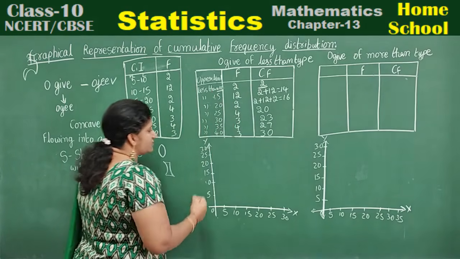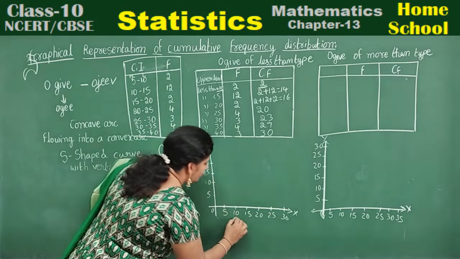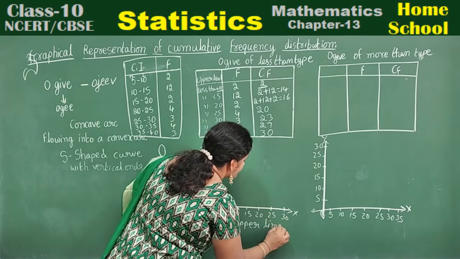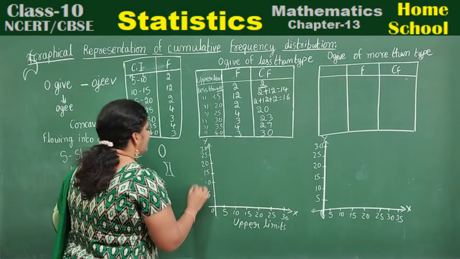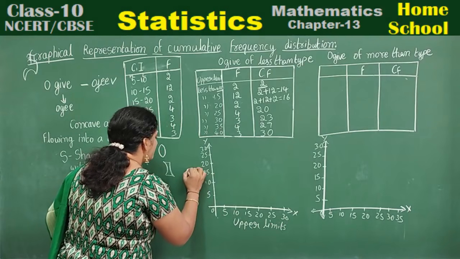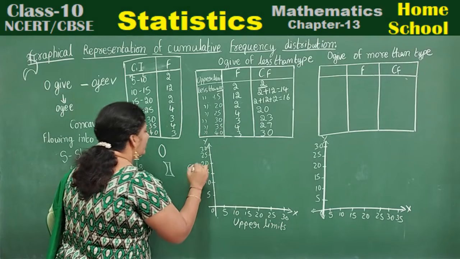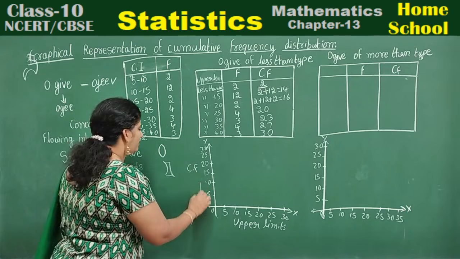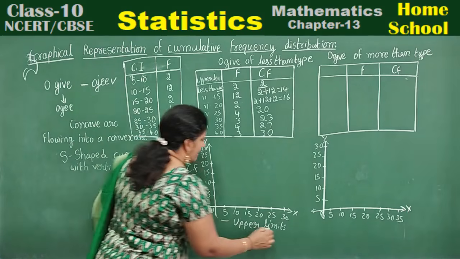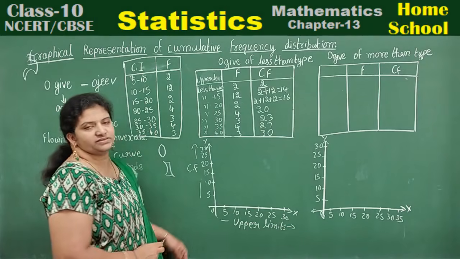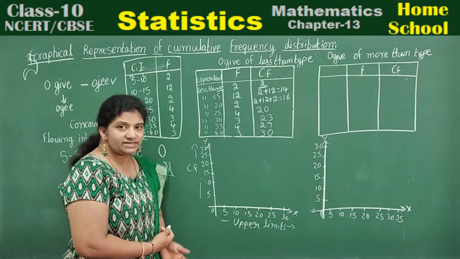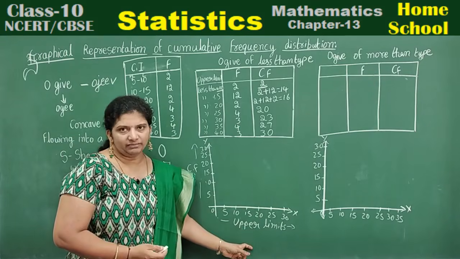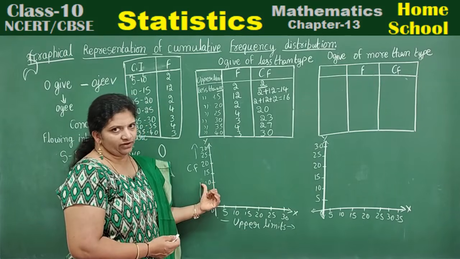On the x-axis we write upper limits and on the y-axis cumulative frequency. Write cumulative frequency completely with an arrow mark like this, and upper limit with an arrow mark like this. When you are doing less than type ogive, x-axis is upper limit and y-axis is cumulative frequency.